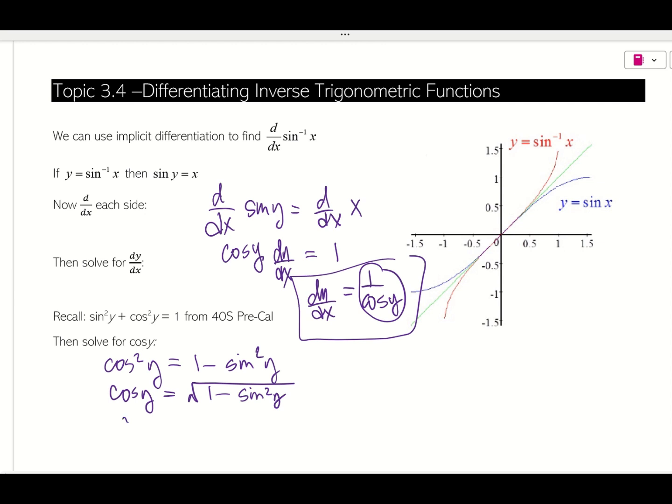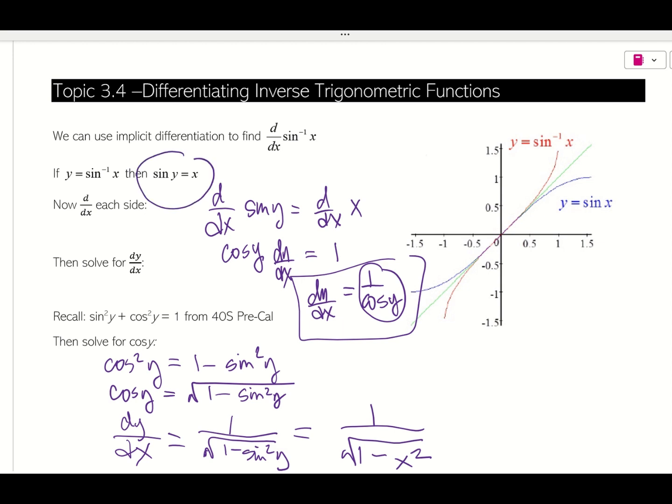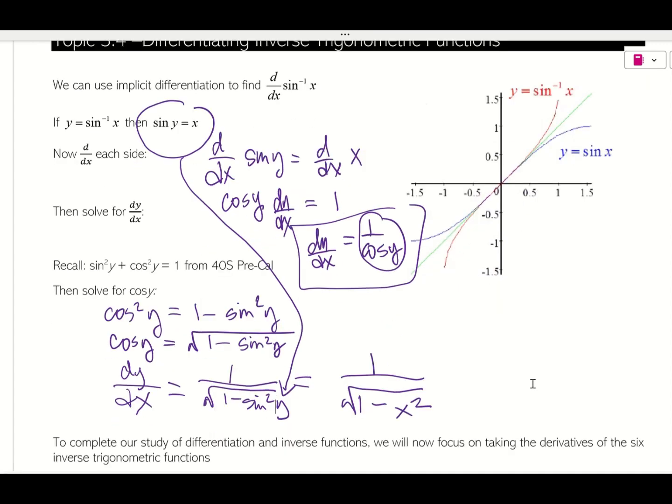So if I want to rewrite that, this would be dy/dx is equal to 1 over, now instead of writing cos y, I'm going to write the square root of 1 minus sine squared y. And that would be replaced with what I have from before, which is 1 over the square root of 1 minus x squared. And that's taken from the identity that sine y is equal to x. So I'm just replacing that in there. So now I've proved what the derivative of inverse sine is.